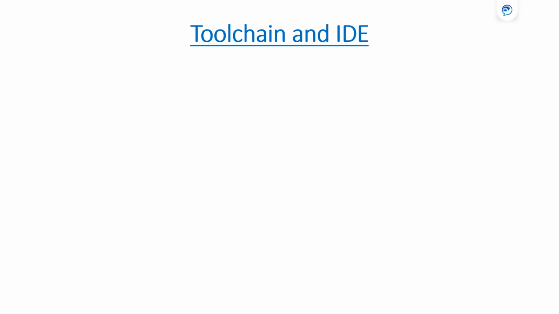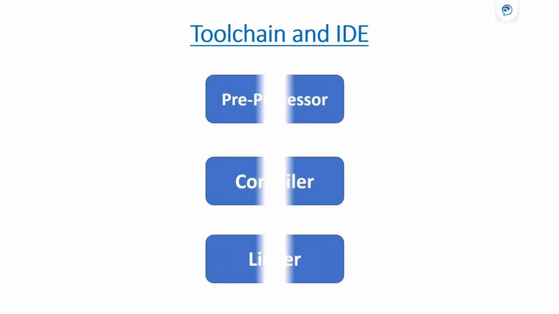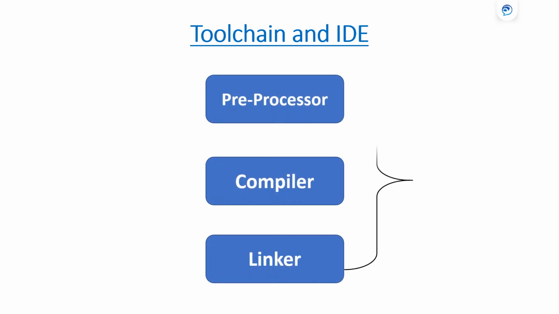Now coming to toolchain, isn't it a good idea if all of this, like preprocessor, compiler, linker, are integrated together in a package or bundle? Yes, of course, that's what I'm gonna talk about now. This group or bundle is called a toolchain, because they are in a chain together.